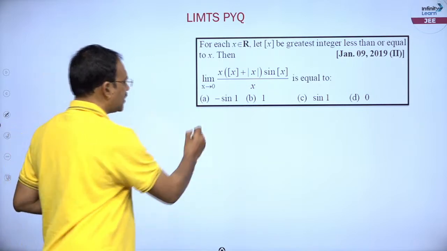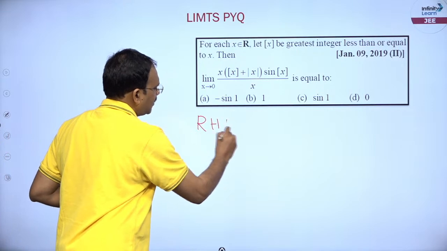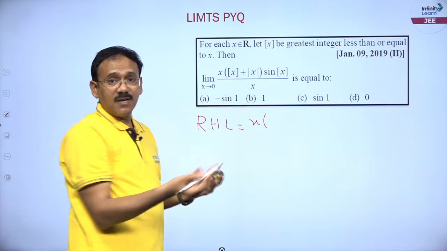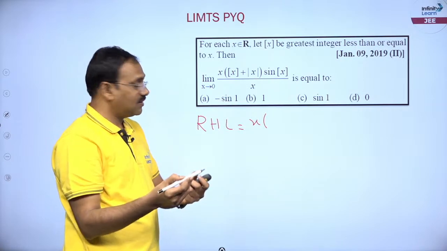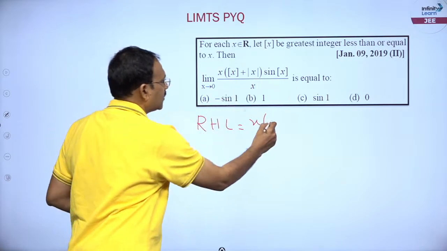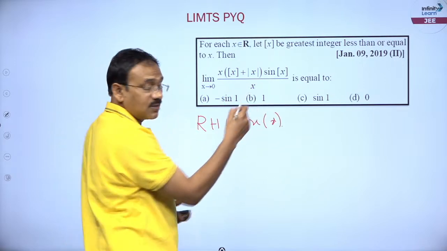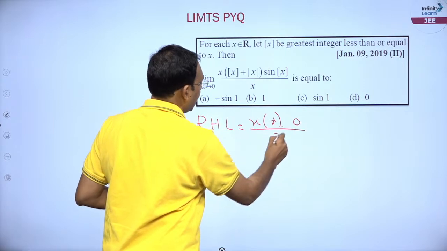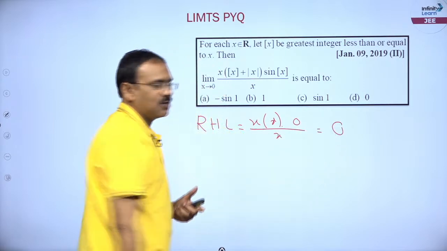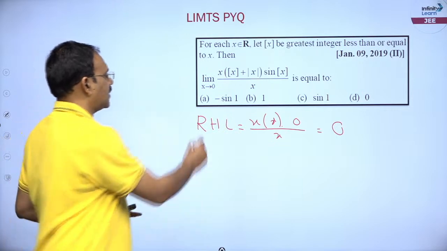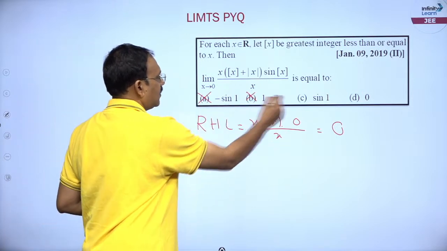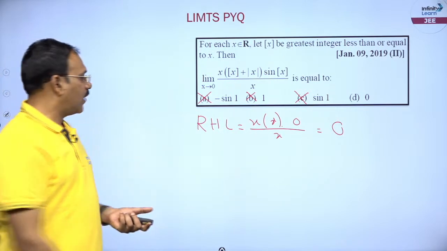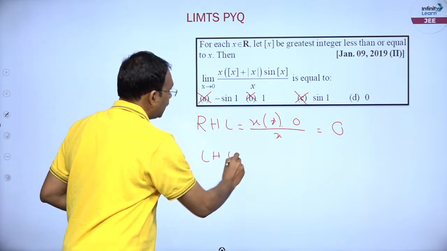You just talk about the right hand limit, friends, this is simple: x into step x becomes 0, just to the right side of 0, mod x becomes x, into step x becomes 0, sin 0 is 0, completely by x, friends, right hand limit is 0. So, the answer cannot be A, cannot be B, cannot be C. If the limit exists, the answer must be 0. If you have a doubt, you go with the left hand limit.